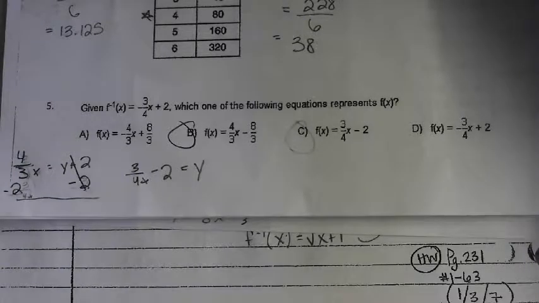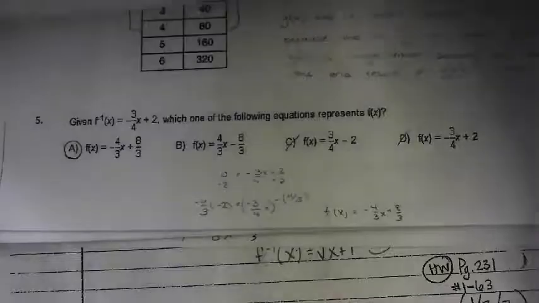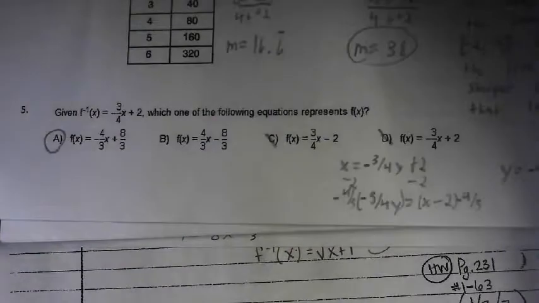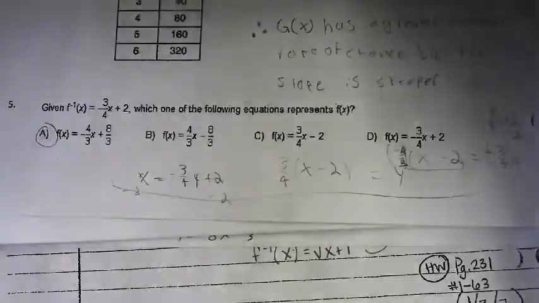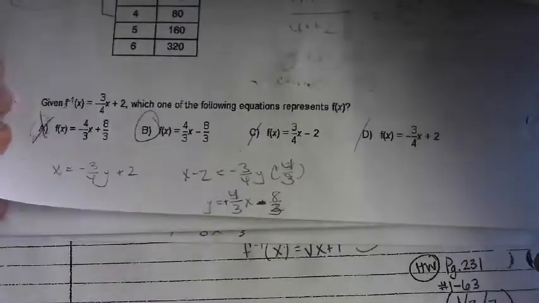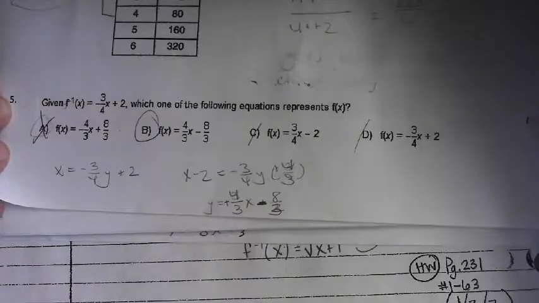I don't know what this person did. They didn't actually just rewrite this and switch the x and y. No work, got it wrong. They did the work, got it right. They did some work, got it right. Those must have been the kids that had their test longer, because when I first looked at the first few people who handed in, it was pretty bad.